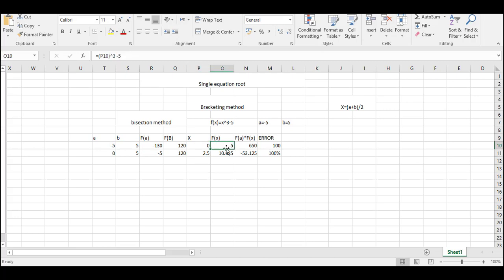We will get the function of x by substituting the value of x in this equation. Now we will check where exactly the root lies.